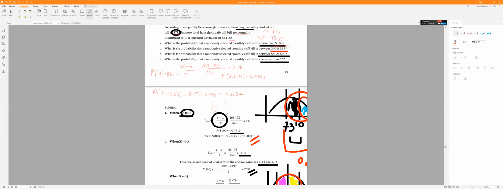Here you have to understand the workings of the normal distribution graph, or the bell-shaped curve, first. So this is the normal curve.